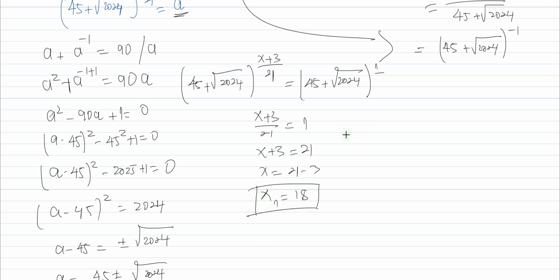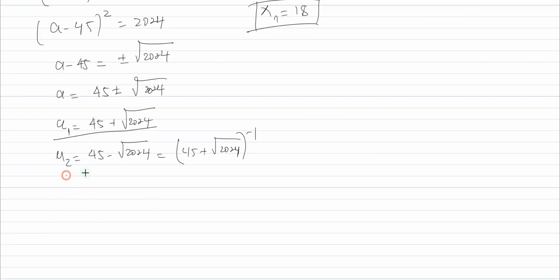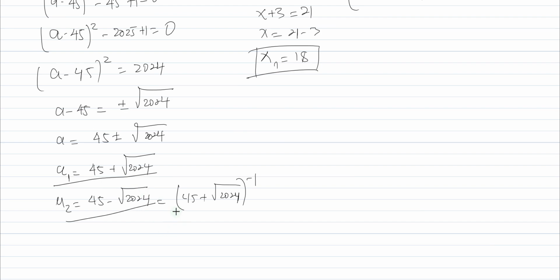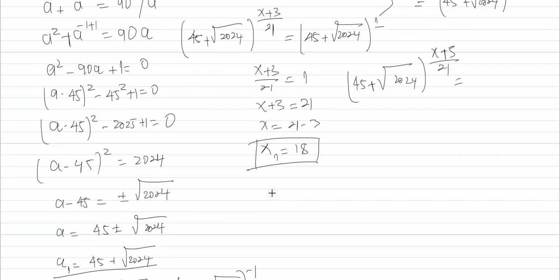So for the second case, we're going to have 45 plus square root of 2024 to the power of (x plus 3) divided by 21, and this time we're going to have the value of a2, which is this one here. So this is going to be 45 minus square root of 2024 to the power of -1, same bases, same powers, (x plus 3) divided by 21, and this is equal to -1.